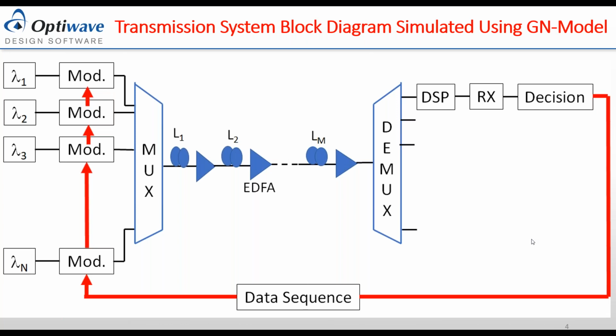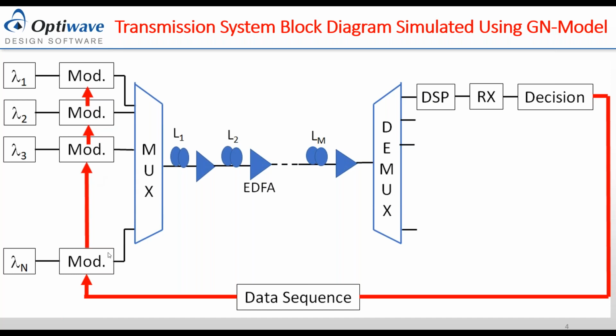In this slide, we show you the block diagram of the transmission system which can be modeled and simulated using the GN model. We have N DWDM channels, modulated using an advanced modulation scheme such as MQAM, which could be 16-QAM, 64-QAM, whatever the QAM modulation scheme, determined by the number of bits per symbol.